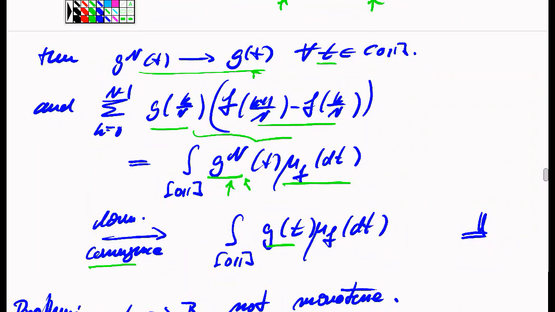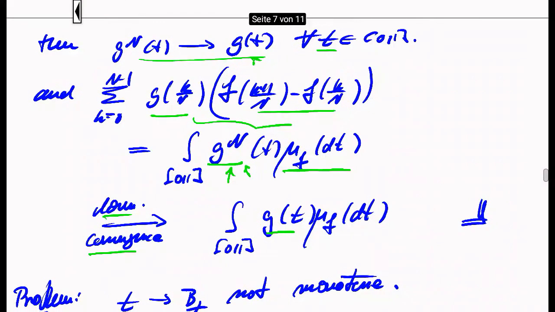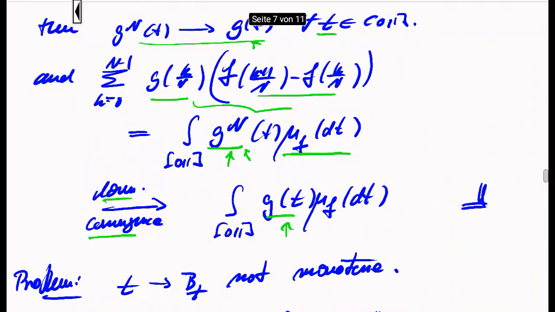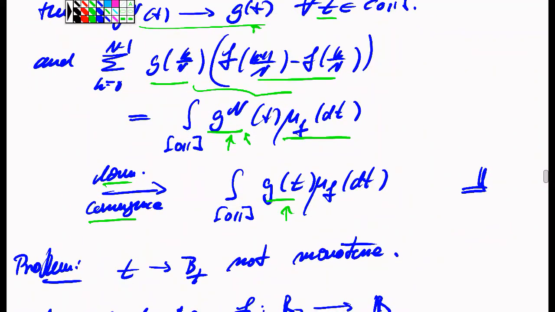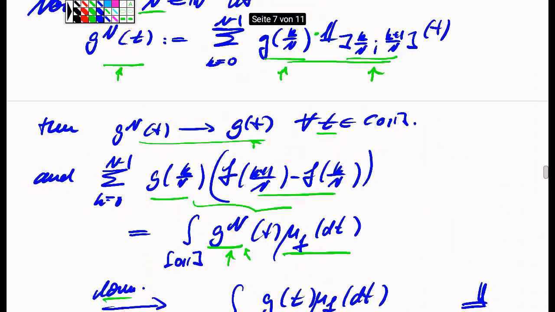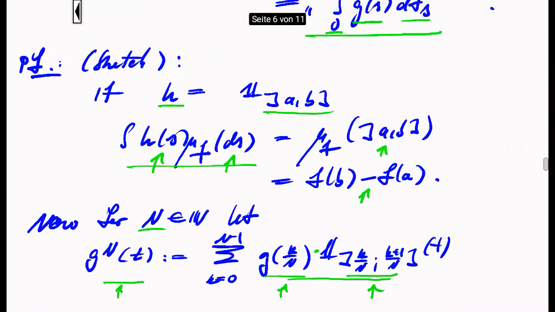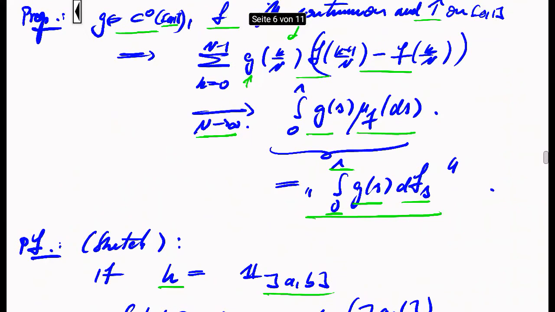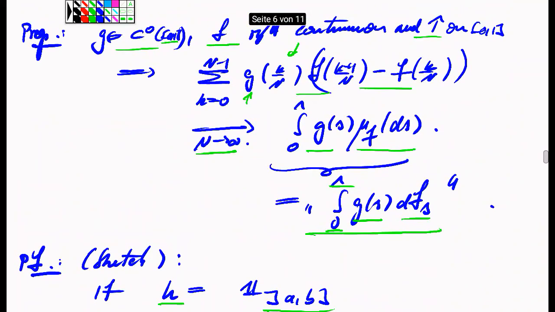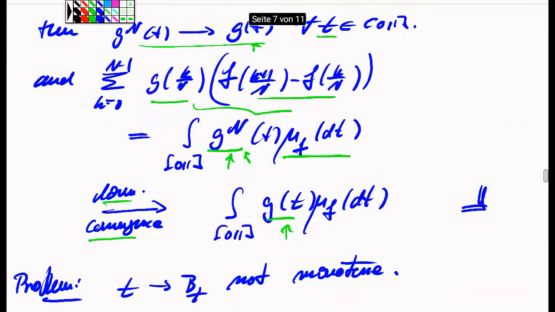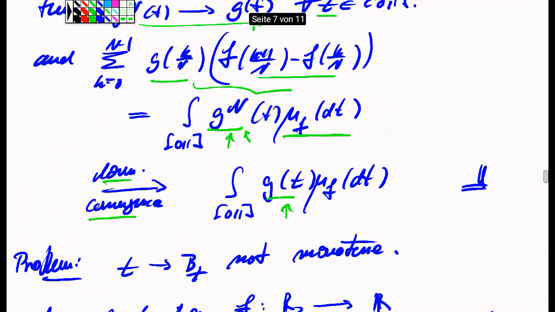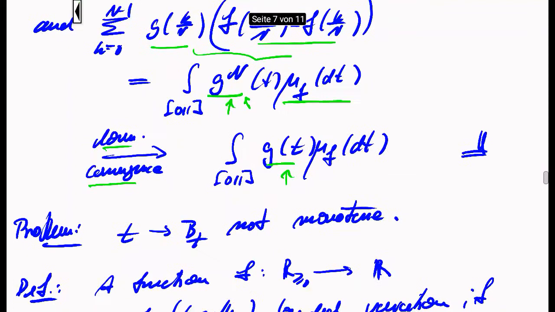So we can apply dominated convergence in order to convince ourselves that this sequence of integrals converges to the integral where the limit function g is what is to be integrated. So this proves the claim that if we have a reasonable Lebesgue-Stieltjes integral for the f function, which is the case, for instance, when the function f is right continuous and non-decreasing, then also in this case we have a proper notion of an integral with respect to the increments of f, and this approximation result also holds true.